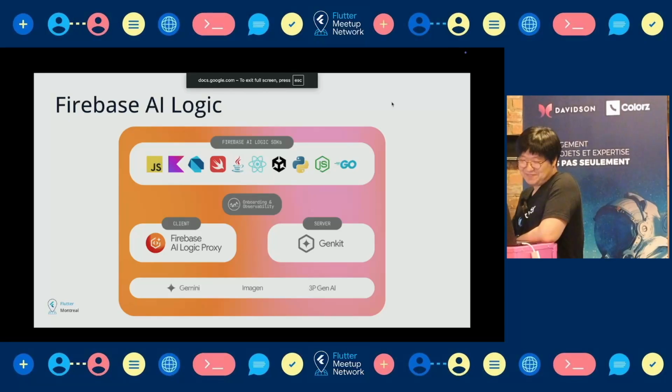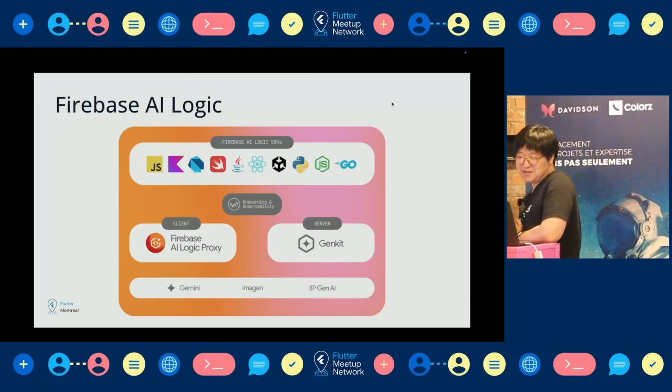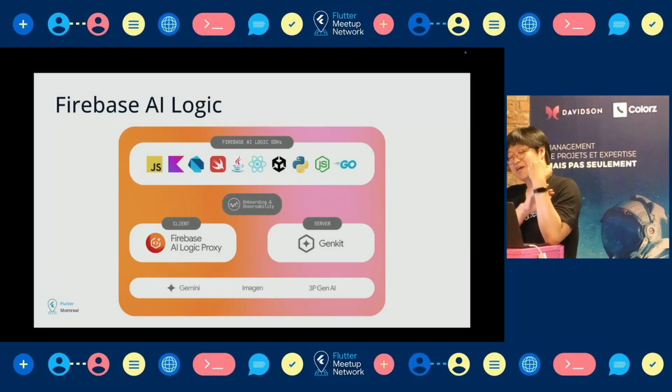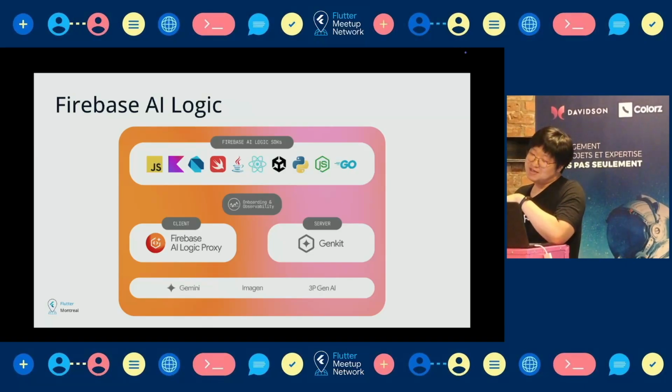And next one is Firebase AI Logic. I don't know if you use the Google Generative AI SDK, but that one is deprecated, not available anymore. And there was the Firebase Vertex AI SDK. That one is also moving into this one. So everything about AI that runs on the client side is now Firebase AI Logic.